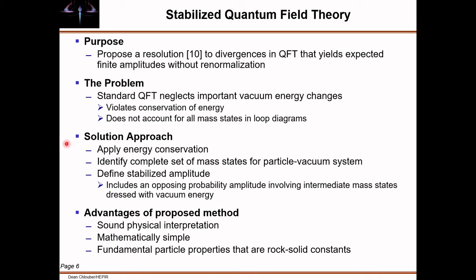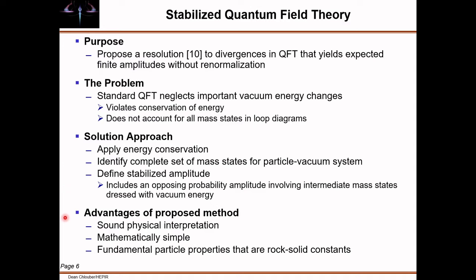Our solution approach is to first apply energy conservation. We'll identify a complete set of mass states for the particle vacuum system. And finally, we'll define a stabilized amplitude, which includes an opposing probability part involving intermediate mass states dressed with vacuum energy.